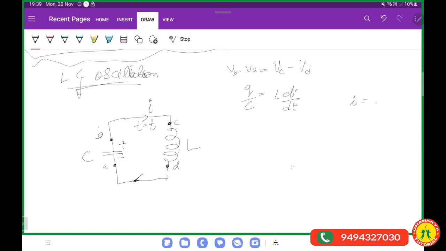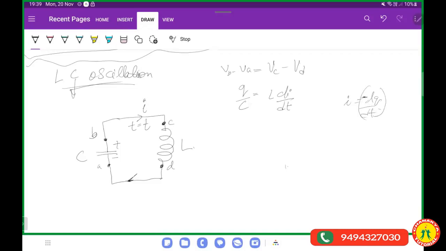So I equals dq by dt. Charge is decreasing, so we'll take it as minus. So dq equals I dt.